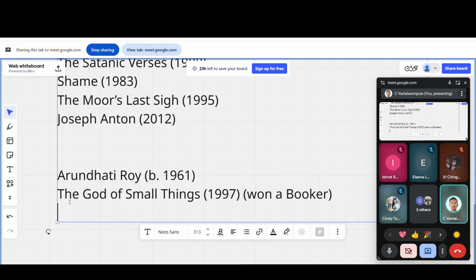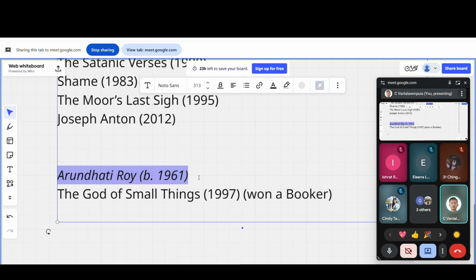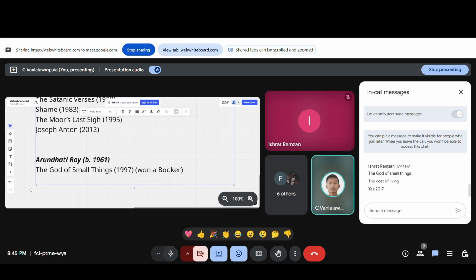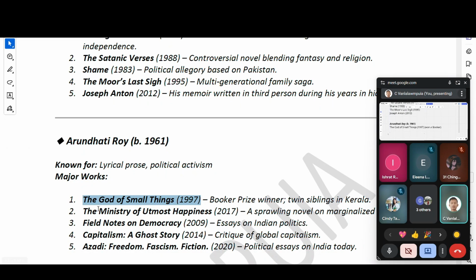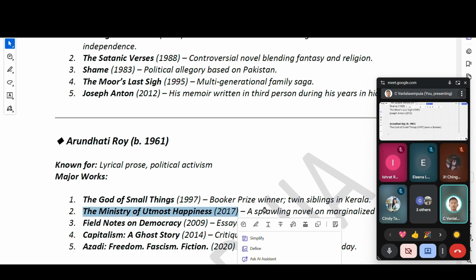Just memorize the year of publication, everything. And maybe tomorrow night we'll see American writers and everything. Okay, slowly. We can't do everything in one night. God of Small Things. Then next, what else? The Ministry of Utmost Happiness is 2017.